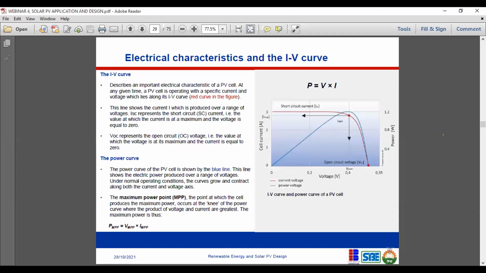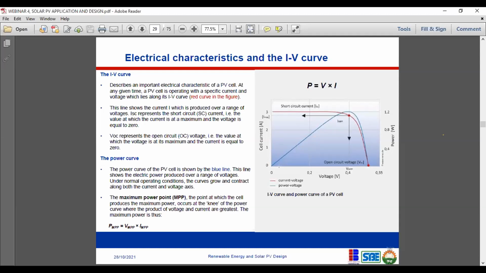If this red line is the current, at what point is it maximum? At what point does it produce the highest current? If you look at this line, you find this is the point where it produces the maximum current. At this point, let us look at what the voltage is. If you trace it down, you see that the voltage is 0.